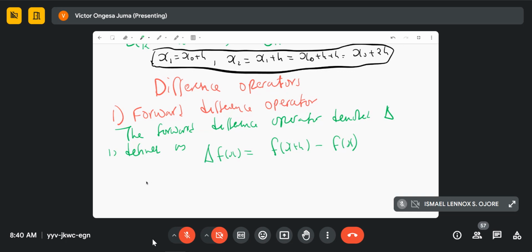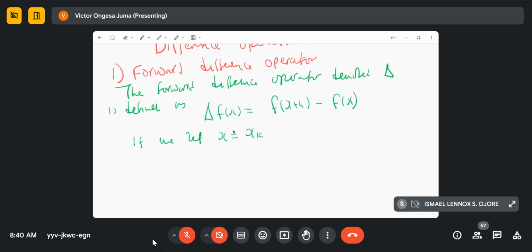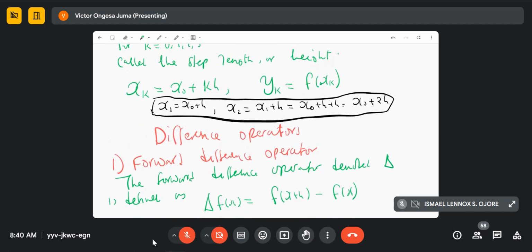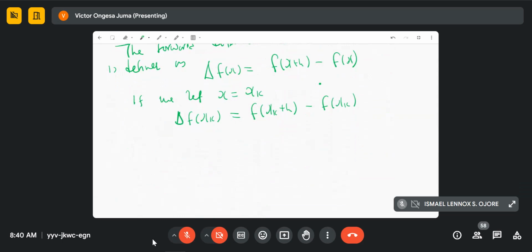And remember, if we let x be the same as xk, then we have f of xk plus h minus f of xk. But remember the notation I defined here. I can use this in terms of y.